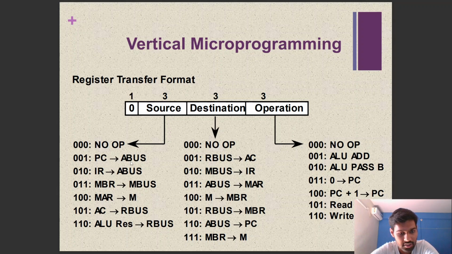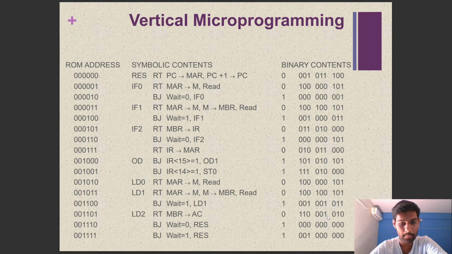For 001, PC to ABUS, and destination, RB bus to accumulator, and operation we have ALU add. We can perform this type of operation with this pattern. Also we have this example.